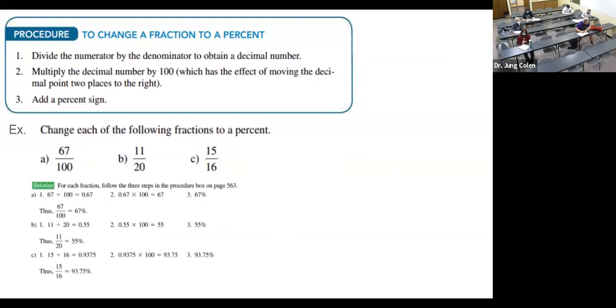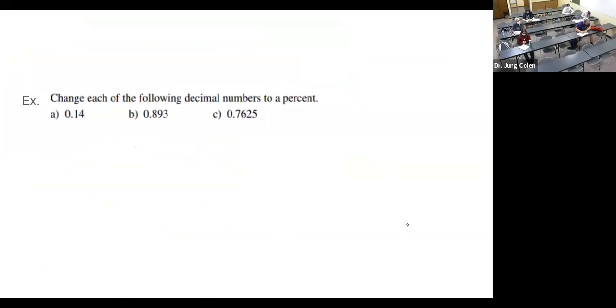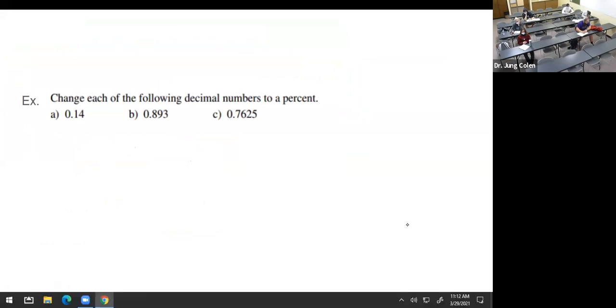How about if we are given a decimal? How can we change that to a percent? Same thing, multiply by 100 and put a percent sign. That's all. And actually, this is so much easier because we know some rules here. For example, if we are given 0.5 and we multiply that by 100, let's take a look at this first. 0.5 times 1.